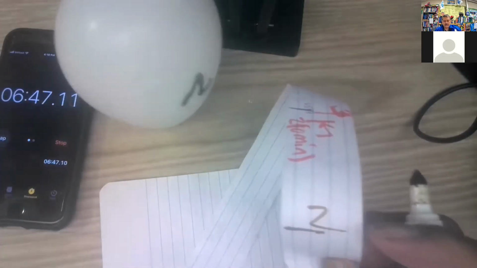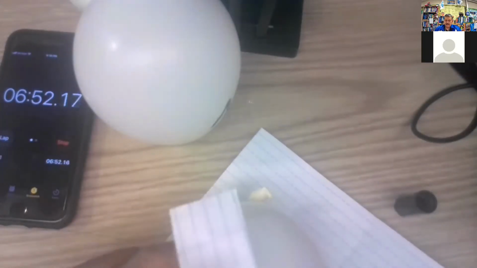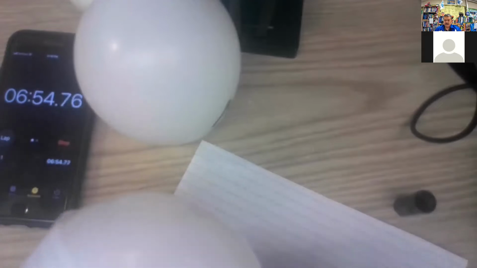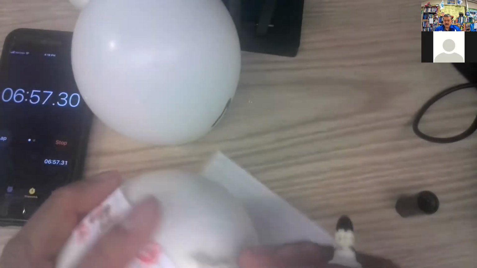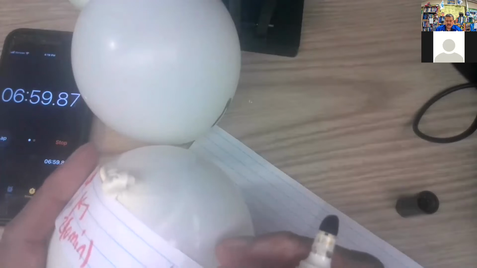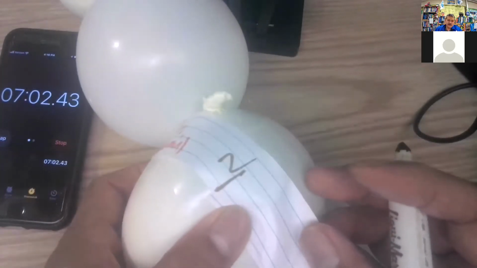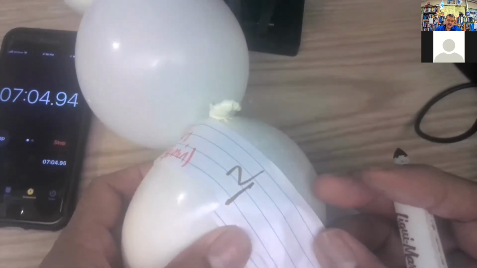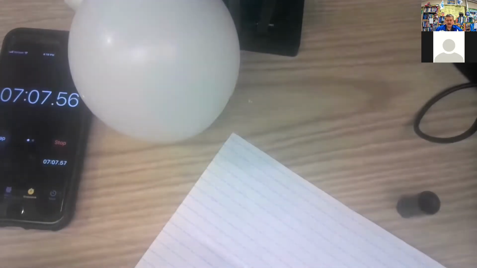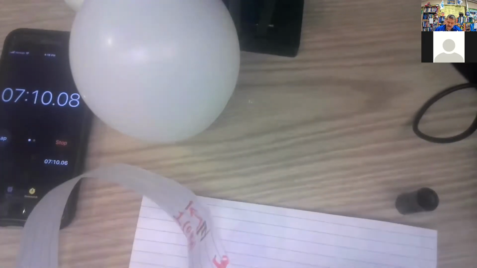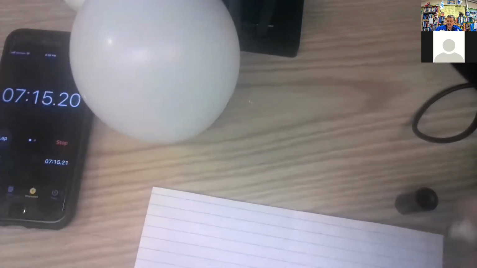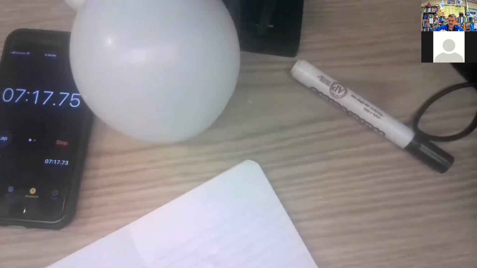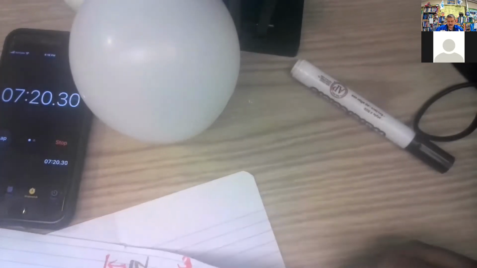So that's 2. 3. 3 tablets. Remember, I lost that. So I'd like to do number 3 again because it's the same as number 2. Look at that. So it's 2 and 3 this time. I am not confident that 3 is going to give us great results. But let's take a look.